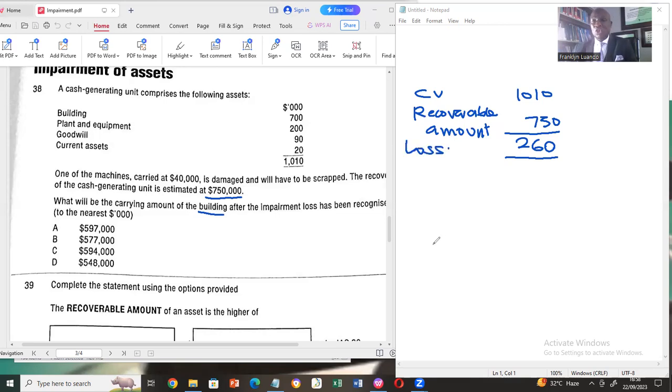So this impairment loss must now be allocated. First, it will go to the plant and equipment because it is obviously impaired. Plant and equipment, which is 200 less 40.